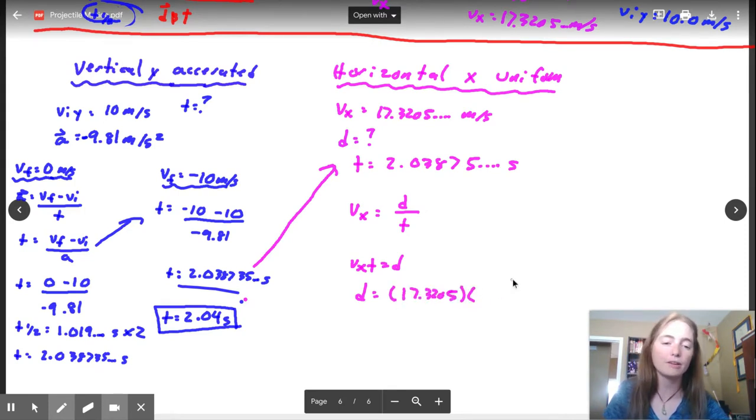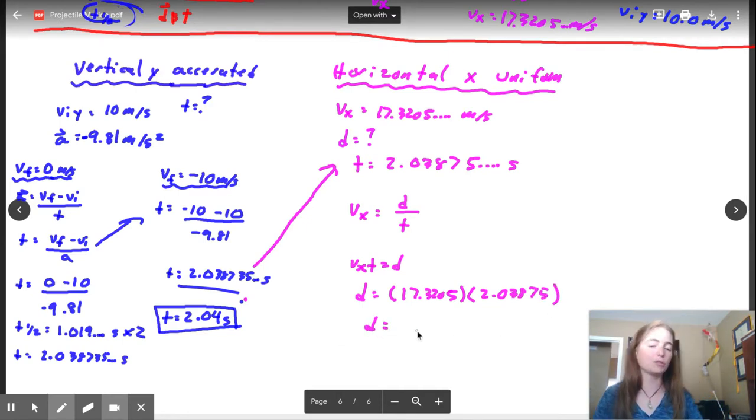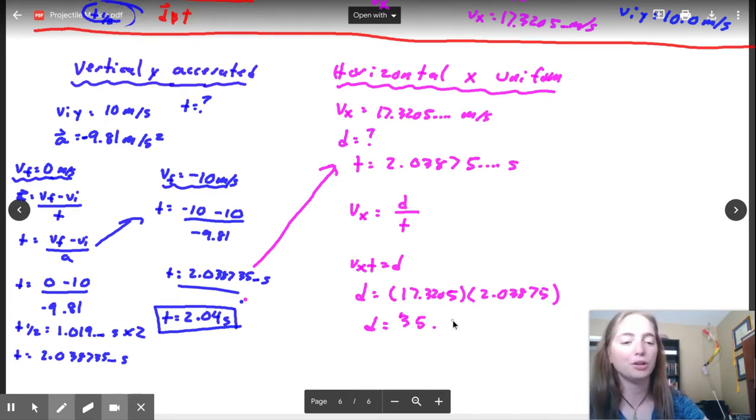Scroll back and find that whole number in your calculator. And 2.03875. And multiply those two values together, ladies and gentlemen, and you are going to get 35.3119 ... meters.